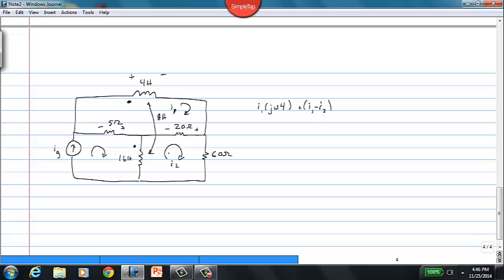Since it's the mesh current method, there's a differential current flowing there, which is I1 minus I2. We multiply that by 20 ohms. We've got I1 minus IG times 5 ohms. That takes care of the mesh current for the top node, except for this mutual inductance.